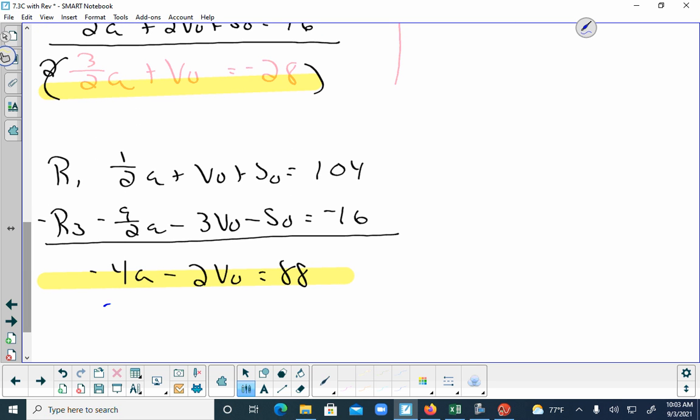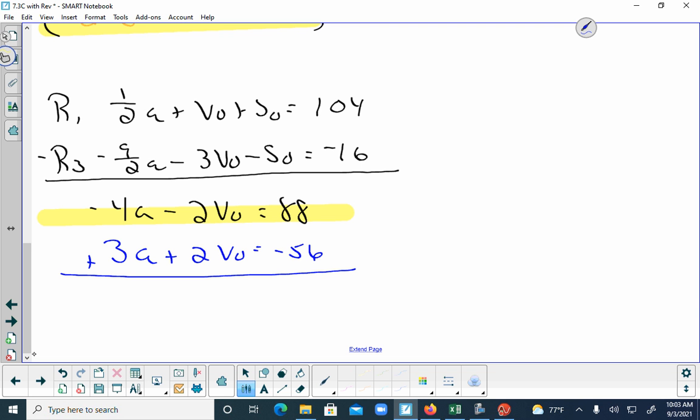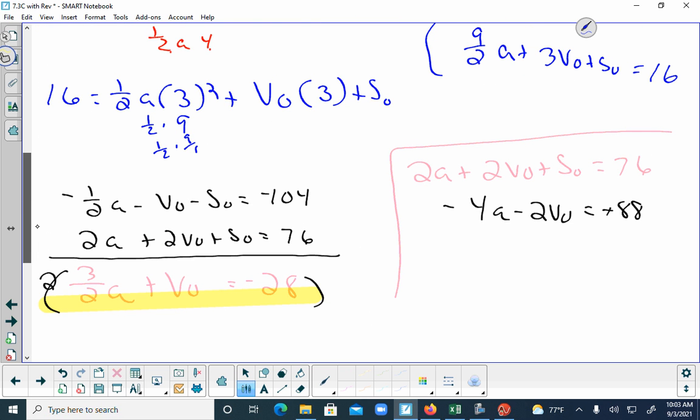4a plus 2v equals negative 56. And are you okay if I'm lazy and don't rewrite that? And then what do you get, Xavier? Negative 32. So a is equal to negative 32. So now what am I doing, John?